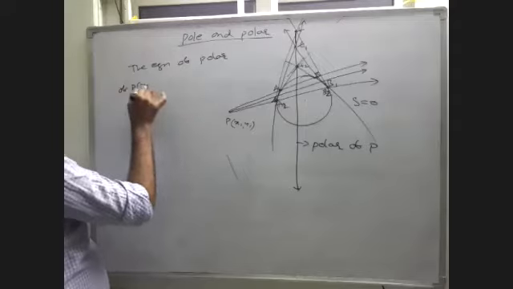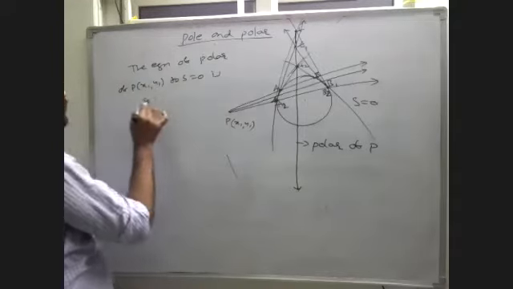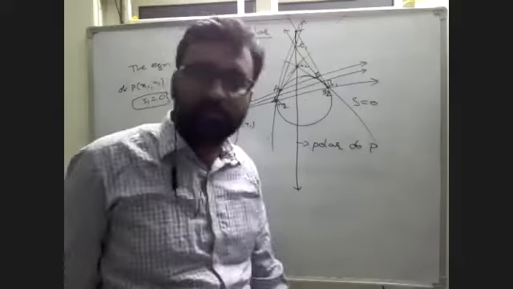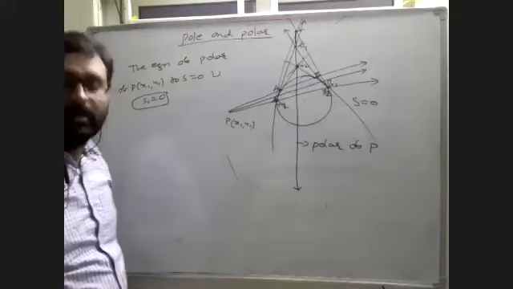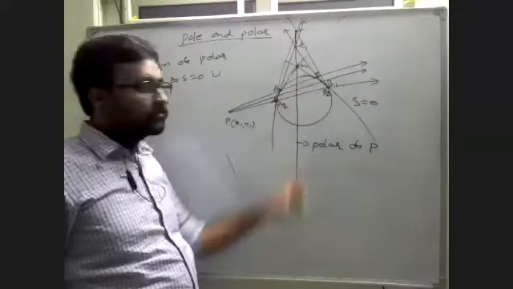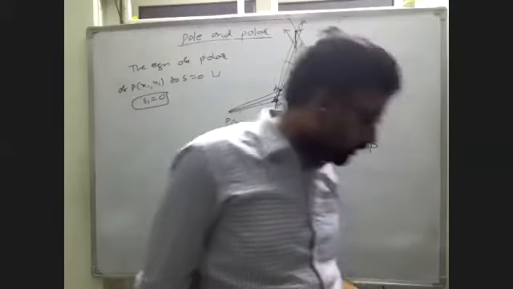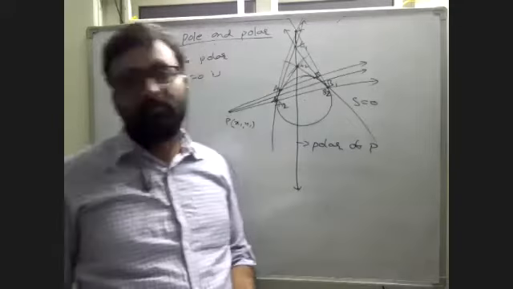The equation of the polar of P(x1, y1) with respect to the circle S equal to 0 is also S1 equal to 0. You know the formula S1 already. So the polar equation of the point P(x1, y1) with respect to the circle S equal to 0 is S1 equal to 0.